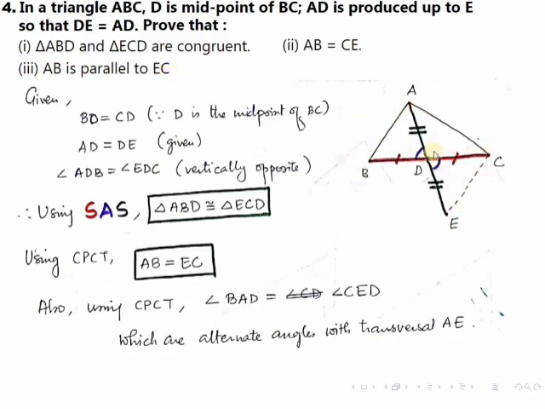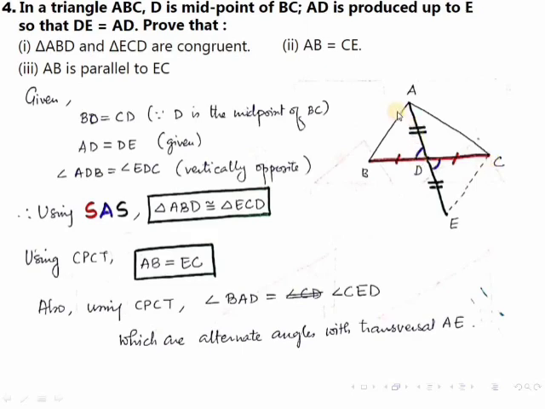Now again by CPCT, can I say that angle A is equal to angle E? Obviously, isn't it? So angle A, that is BAD, is equal to angle CED. This angle and this angle are equal by CPCT. Now just look at this figure, BAEC. Doesn't this look like a Z? And all of you know a Z kind of figure is formed in the case of alternate angles.